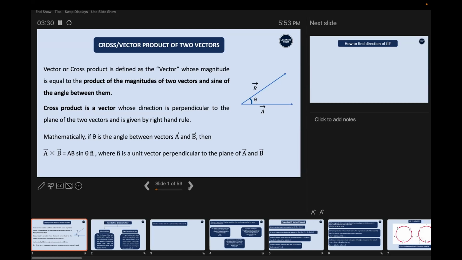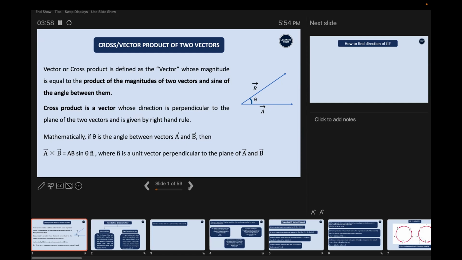Right? So n cap is basically a unit vector, but the question is, when you say it's a unit vector, how are you going to define the direction of the output? And the direction of n cap is given in which direction? It is perpendicular to the plane that is containing these two vectors, A vector and B vector.